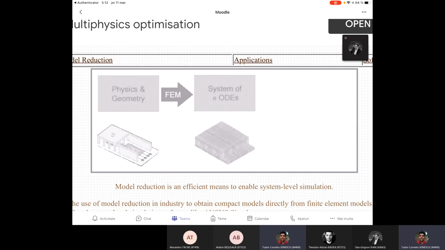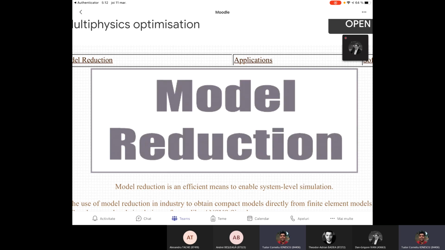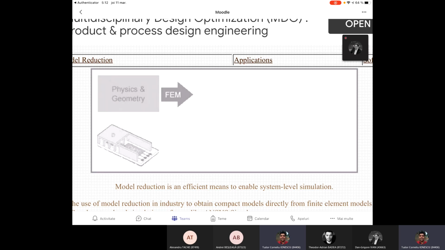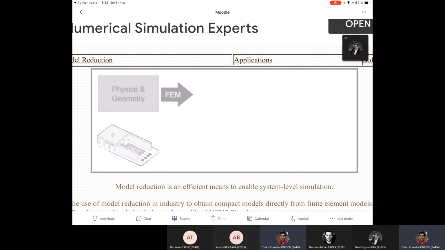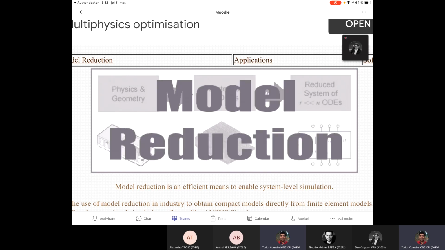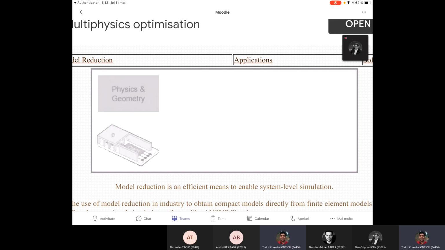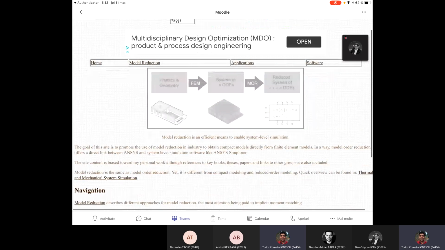So you get models. For instance, you use finite element methods. You get systems of n ordinary differential equations. Okay, you do model order reduction. You get a reduced order model, and here below you have applications that you can see, and then you do what you can do with your reduced order model.